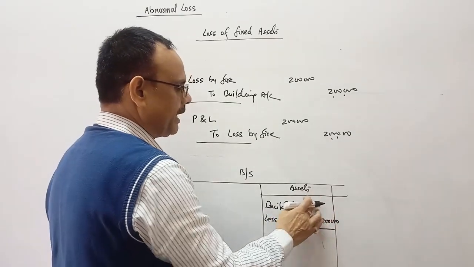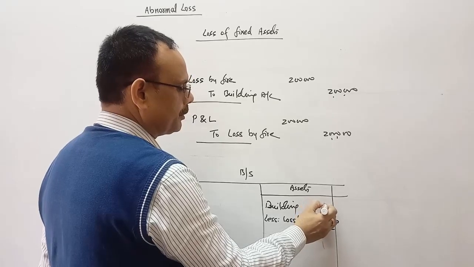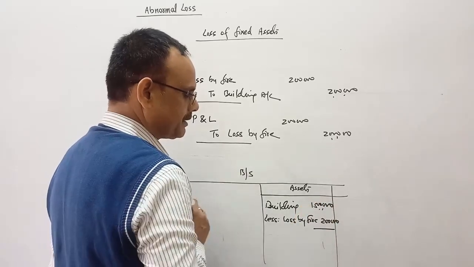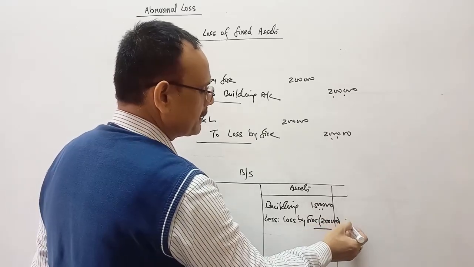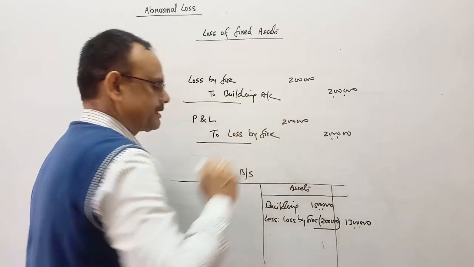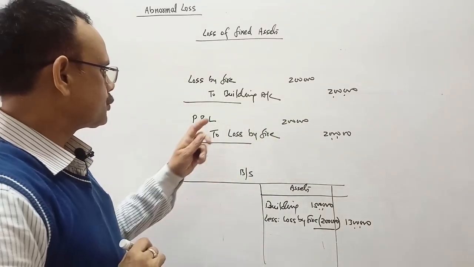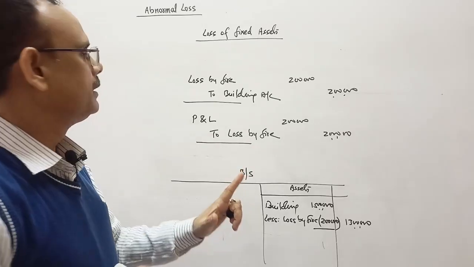Suppose in the trial balance building is 15 lakhs and loss by fire is 2 lakhs. So write 13 lakhs in the outer column in the balance sheet asset side, and this 2 lakhs will be shown in the profit and loss account debit side.